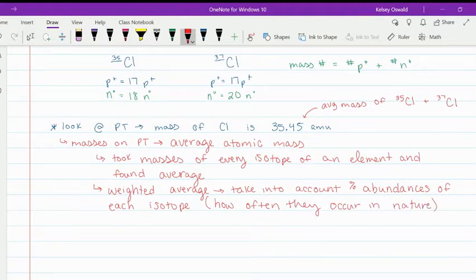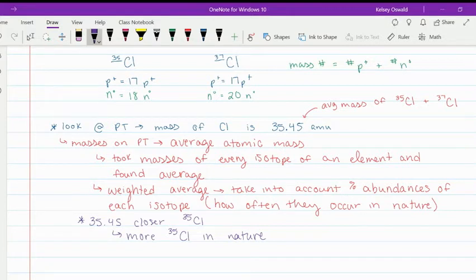If we look at this, 35.45 is a lot closer to the mass of Cl35. The reason is that there is more Cl35 in nature. So the mass of that isotope is going to be more important and weighted more heavily. Okay?